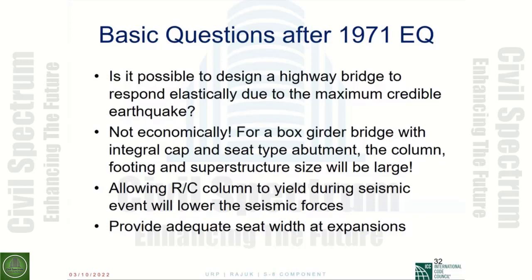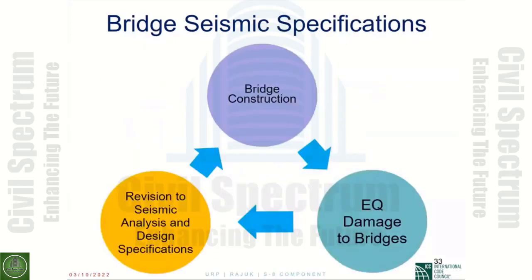That's why we need to provide adequate seat width at expansion joints and at the abutments. So that's how we learn. We learn from the damage to the bridge, and then after the damage, as I told you before, we investigate what happened, and then we reflect on what the code was at that time and what things we need to change, and we change the code.